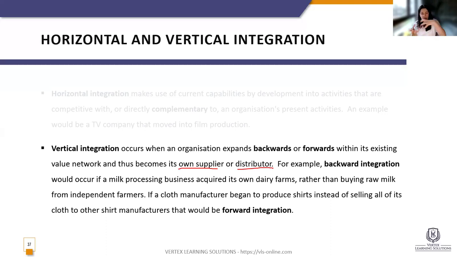So this means you will become closer to the final customers. We are going to invest in someone who is going to be our customer, and then we will get closer to the actual customer. So this means that we will go forward.